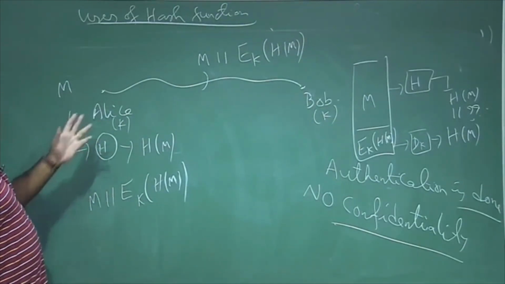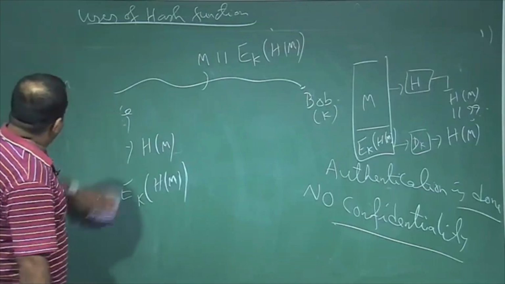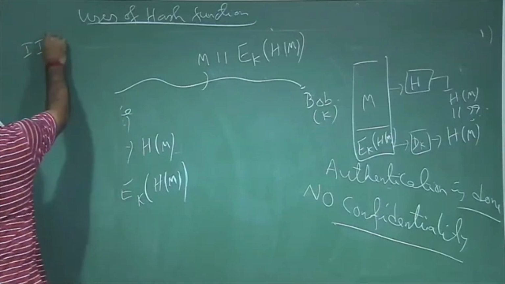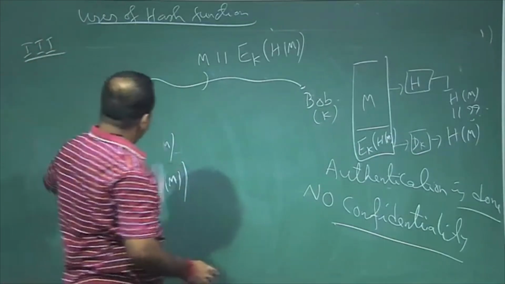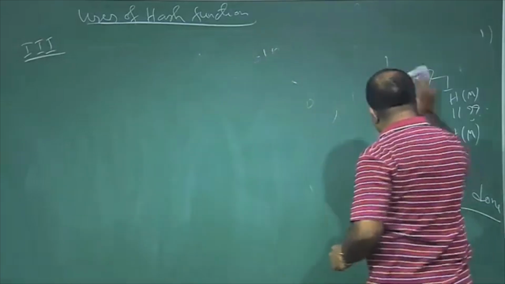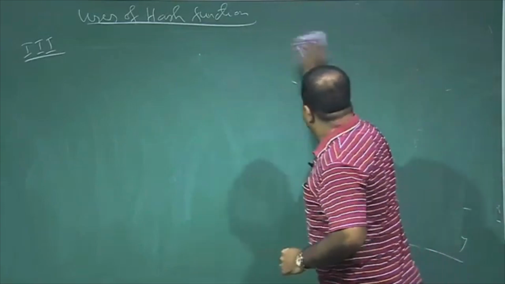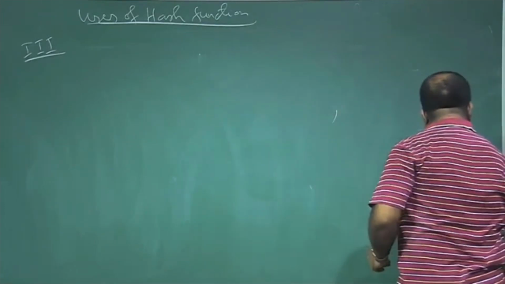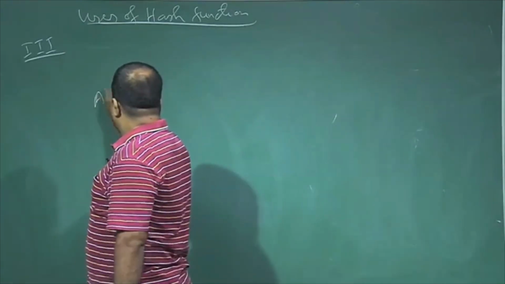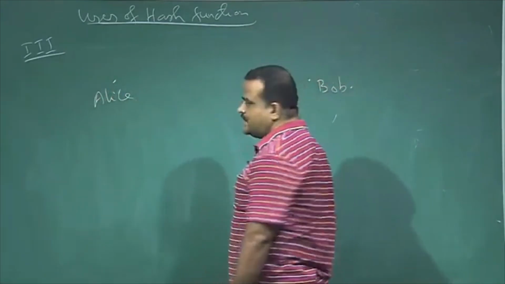Now we can have a similar thing in the public key setup. So this was use number 2, and now we will talk about use number 3 of hash function. This is in the public key setup. Okay, so Alice and Bob are now in the public key setup.